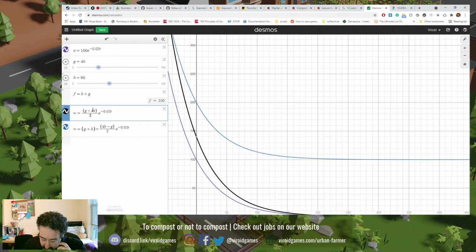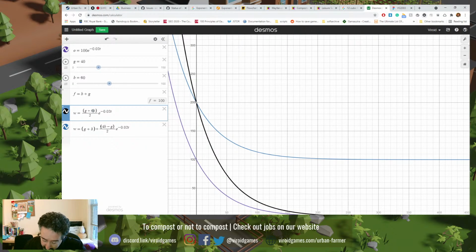Oh boy, old brain. Where we had actually 6, which we were happy with from before. Six B plus G over 2. That's what it is. That's the black one. Just 200. Is it even true?